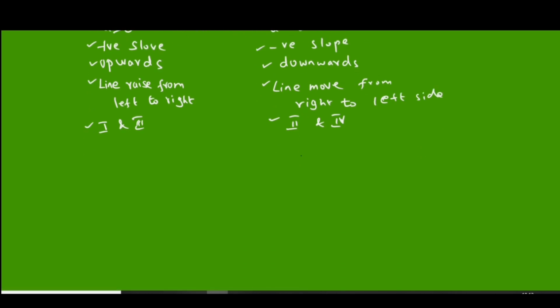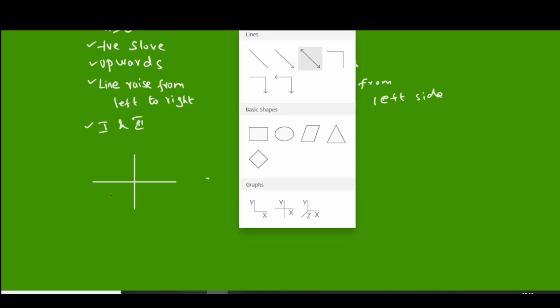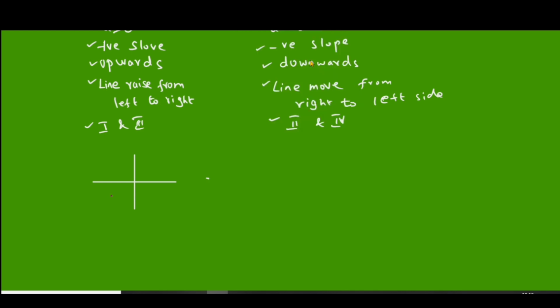Suppose we have a line where the slope is such that the line moves like this through the origin, like this line moves when A is greater than 0.